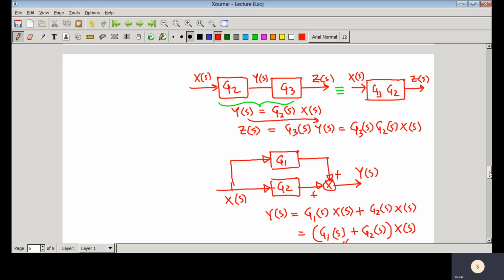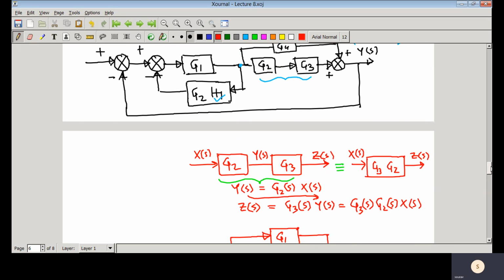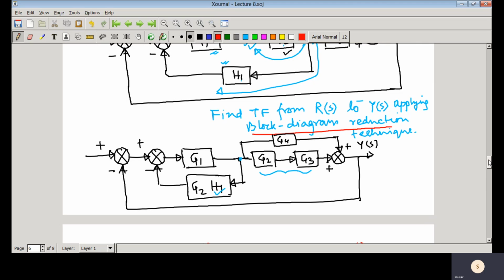Then you can see the structure, and if you look at the block diagram that you have, particularly you can see that these two block diagrams, this one and that one, are cascaded.